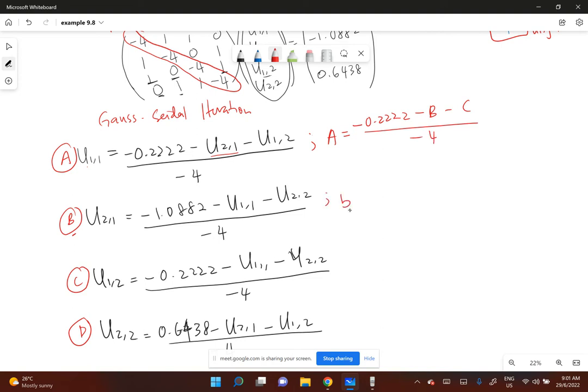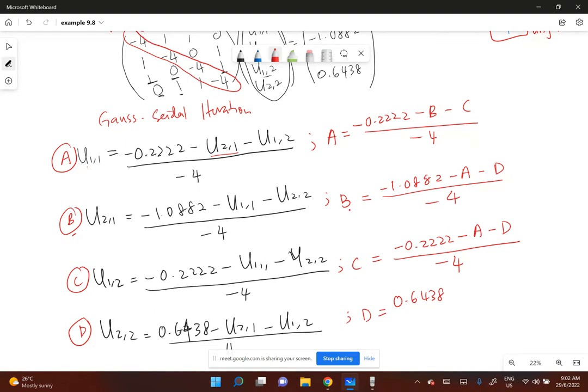B equals negative 1.0882 minus A minus D divided by negative 4. C equals negative 0.2222 minus A minus D divided by negative 4. And D is 0.6438 minus U21, which is B, minus U12, which is C, divided by negative 4.